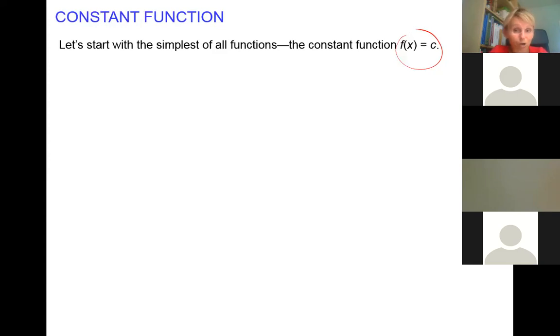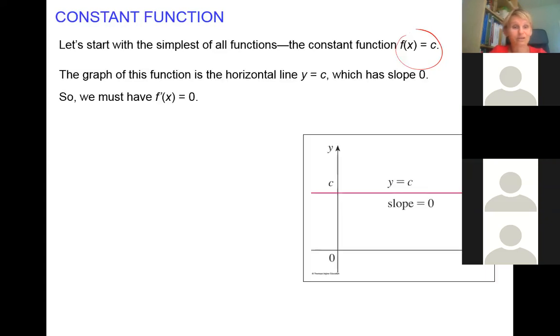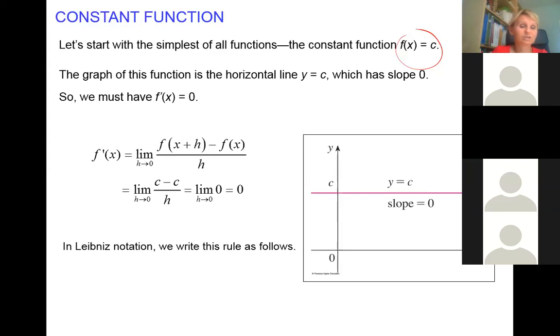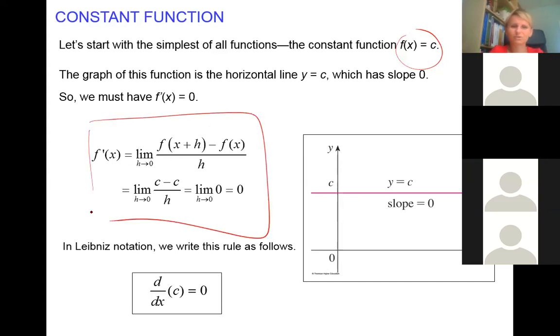A horizontal line has slope 0, and slope is the derivative. Yes, thank you, Elizabeth. That's what I wanted to hear. We can still use the limit definition, but we don't have to. We can simply say slope, and slope is the derivative. Please remember, the slope of the line is the derivative.